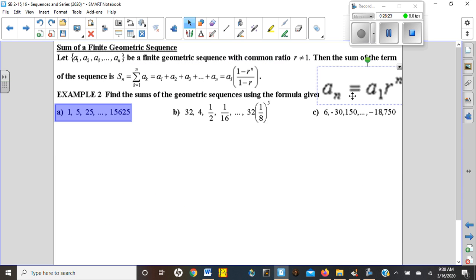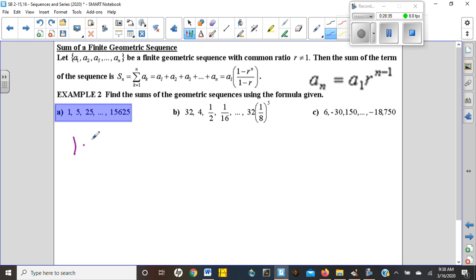Okay, know this formula, get used to it. It will be your friend, okay? So it's going to be the first term, which is 1, multiplied by the common ratio, which is 5 raised to the n minus 1 power. Now, we don't really need the 1 in this case, so really you could just write it as 5 to the n minus 1.